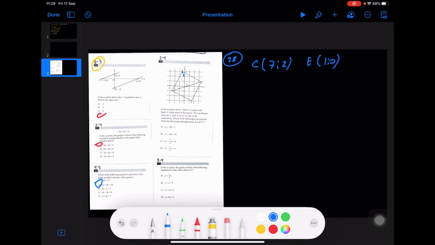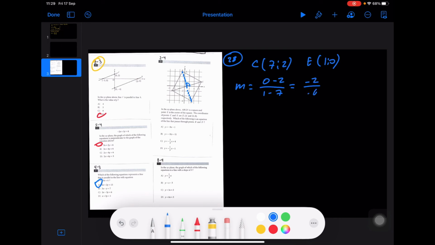Okay, BD will be the second diagonal of the square, and the square's diagonals are perpendicular to each other. That's why firstly we need to find the slope of line CE, or AC, the line which passes through C and E. m equals 0 minus 2 over 1 minus 7.